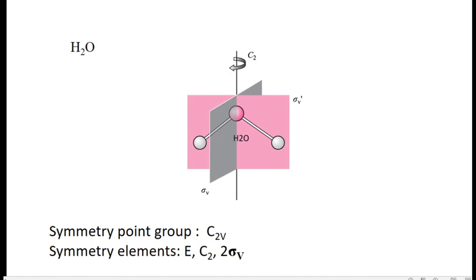So it is very easy to understand the symmetry point group of a molecule. Once you know the symmetry elements present in a molecule, you can predict or find out the correct point group of the molecule. Thank you.